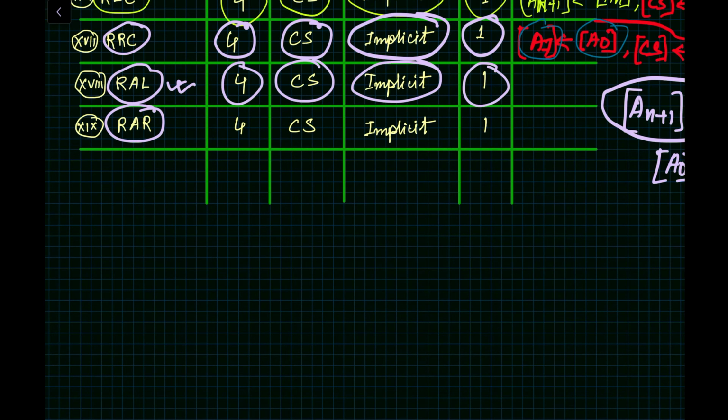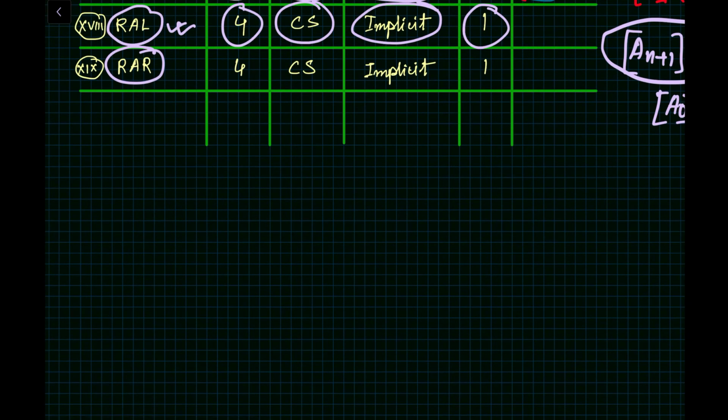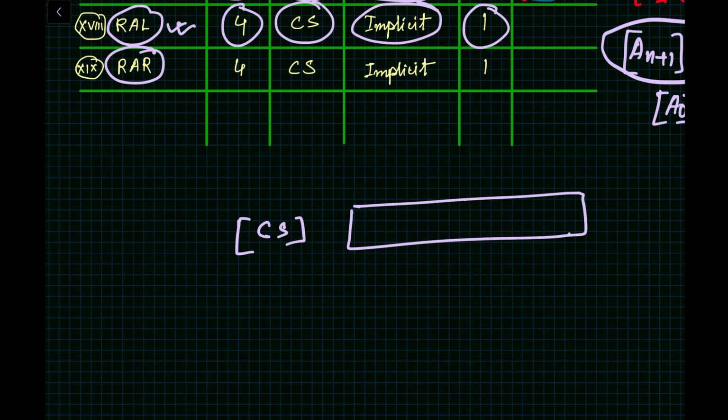Next we have RAR. This is similar, but the operation is opposite to the previous instruction. So RAR means rotate the content of the accumulator through carry to the right. Okay, suppose we have carry status here and we have the accumulator content here. Accumulator will be 8-bit content, carry status is 1 bit only. This one is suppose A0, this one is A7.